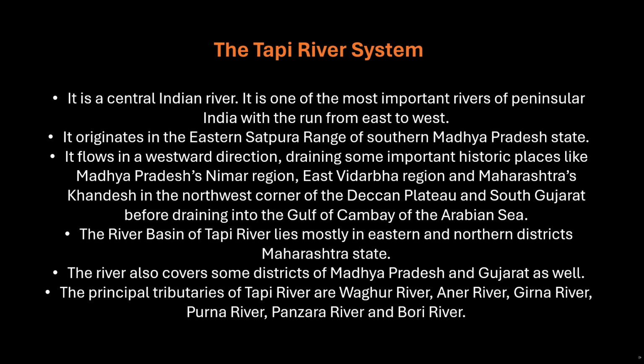The river basin of Tapi River lies mostly in eastern and northern districts of Maharashtra state. The river also covers some districts of Madhya Pradesh and Gujarat as well. The principal tributaries of Tapi River are Wagar River, Anna River, Gurna River, Purna River, Panzara River and Bori River.